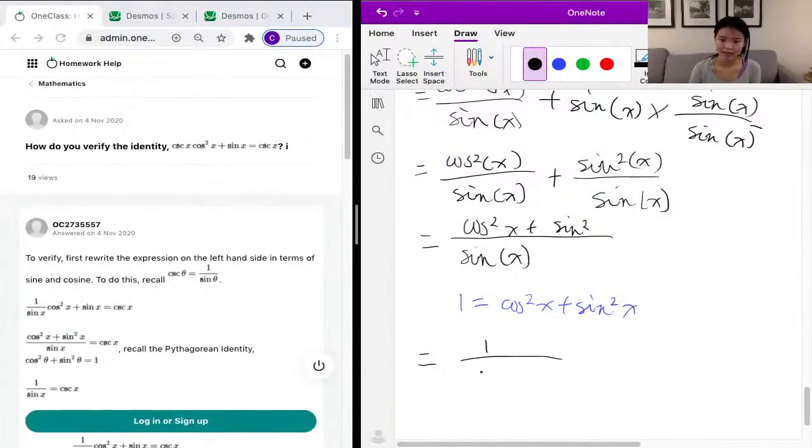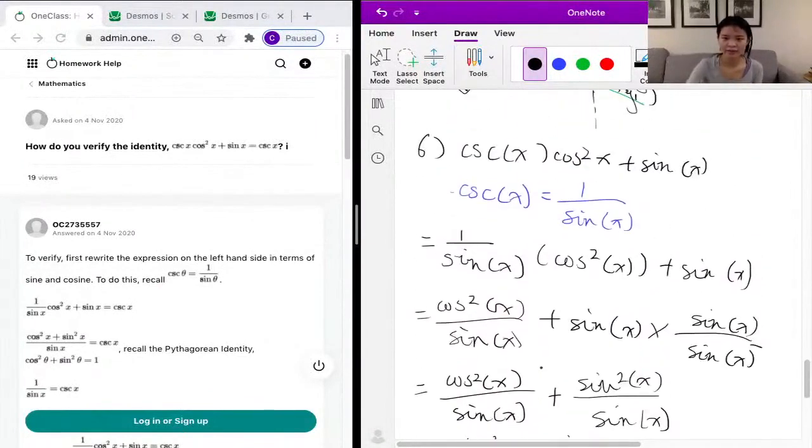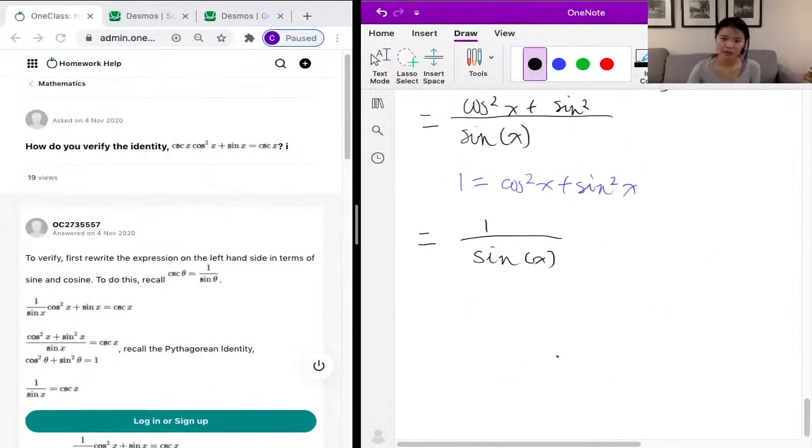So cos squared x plus sin squared x collectively over sin x is equal to 1 over sin x. Again, from our first step, we know that 1 over sin x is the same as cosecant of x. So here we just have cosecant of x.